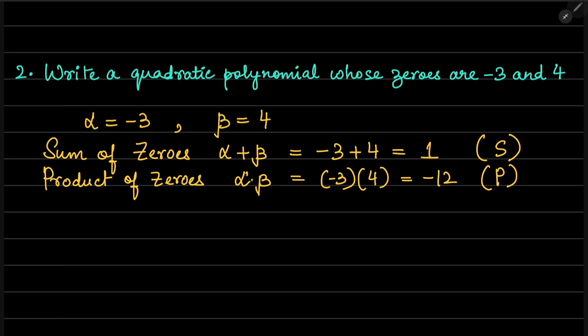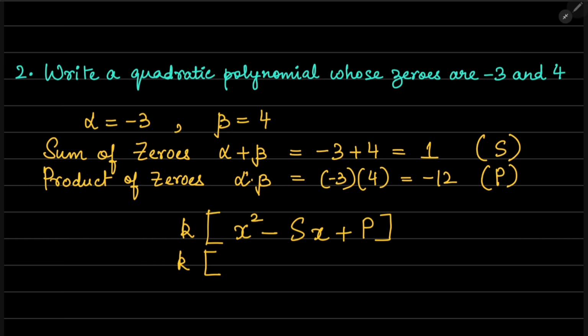Now, if you know the sum of the zeros and the product of the zeros, you can form a quadratic polynomial which will have these two values as the sum and product of the zeros respectively. So the formula is k multiplied by x square minus sum of the zeros into x plus the product of the zeros. k is just a constant.